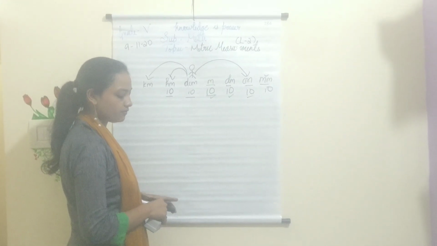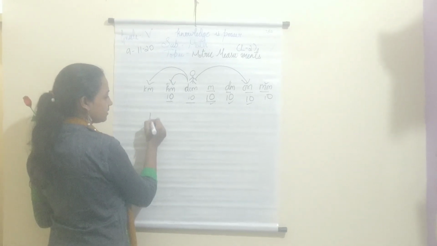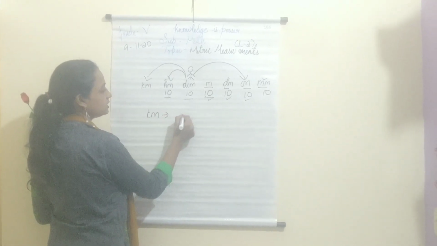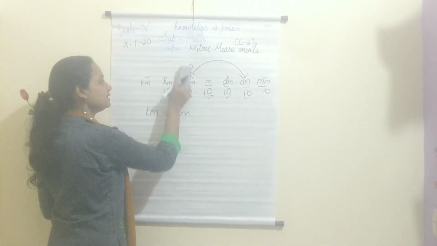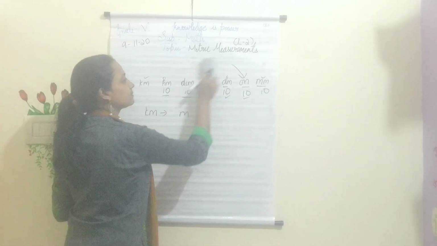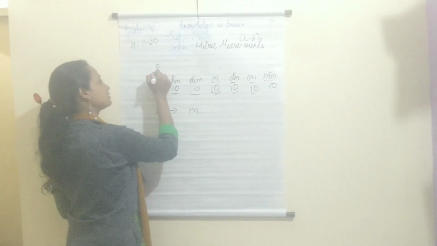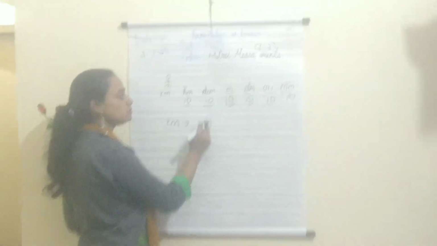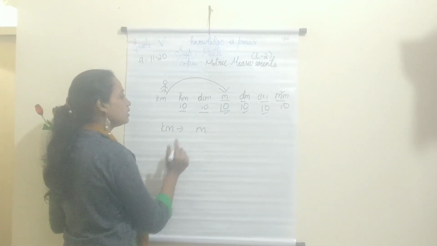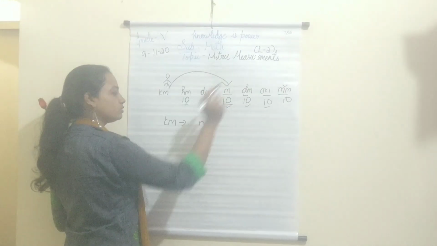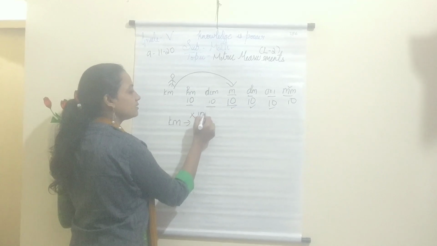Let me show you one sum. I am converting from kilometers to meters. That means I am standing in kilometers and converting to meters. How many steps? 1, 2, 3 steps. I am going forward, so I should multiply with 1000.